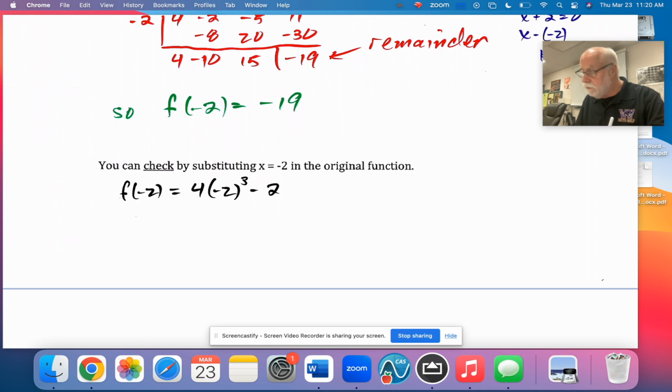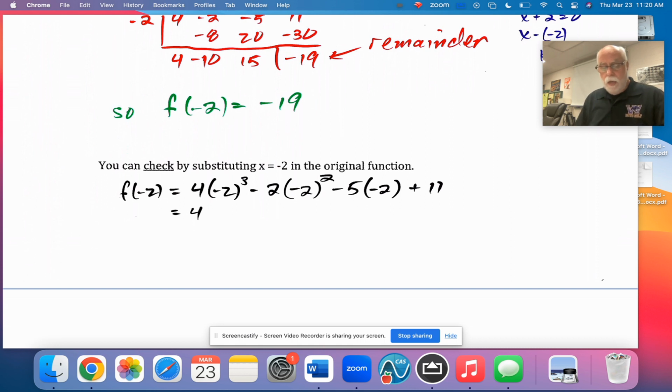And I have 4 times -2 cubed, minus 2 times -2 squared, minus 5 times -2, plus 11. If you look at that, then we know -2 times -2 is a positive. 4 times a -2 is -8.